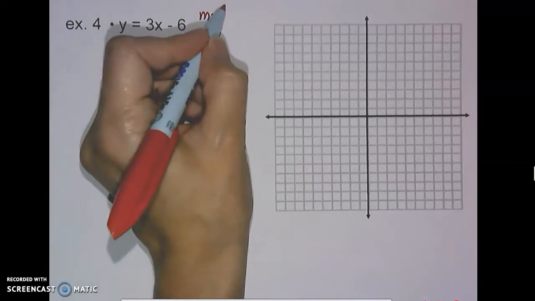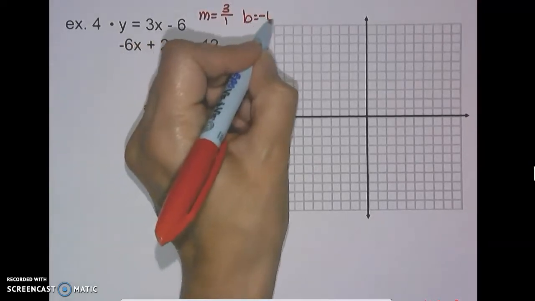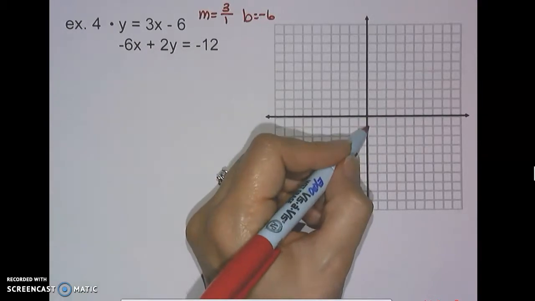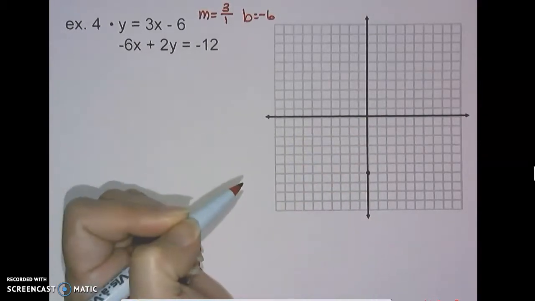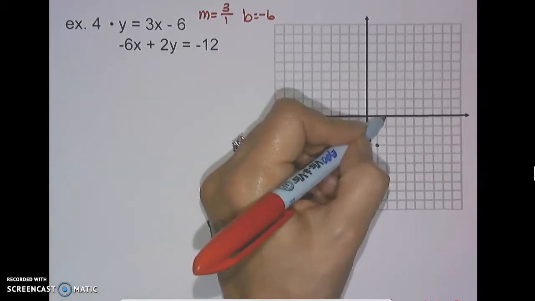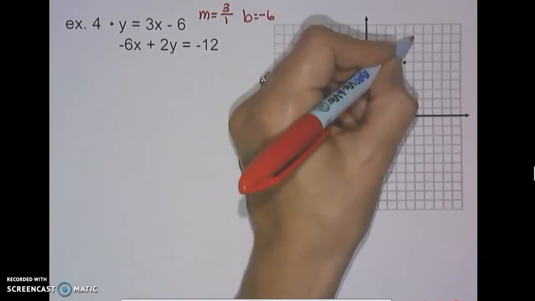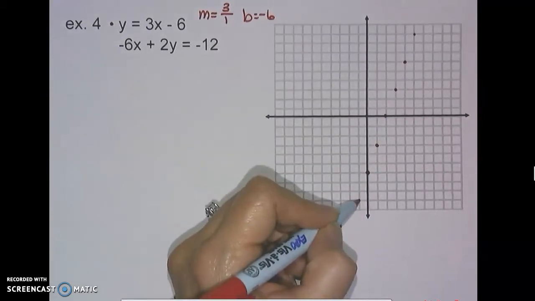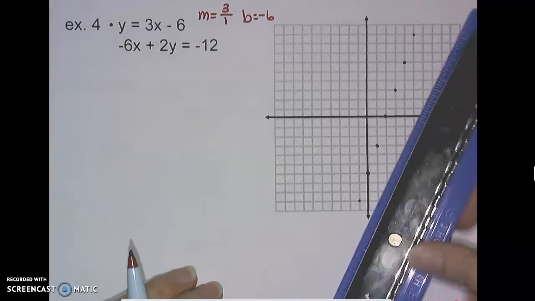Here m is 3 over 1, and b is negative 6. We're going to plot the b first, and then our slope is 3 over 1, so we rise 3 and run 1. Remember, when we're making this first graph, we're going to plot as many points as possible, and then connect them.